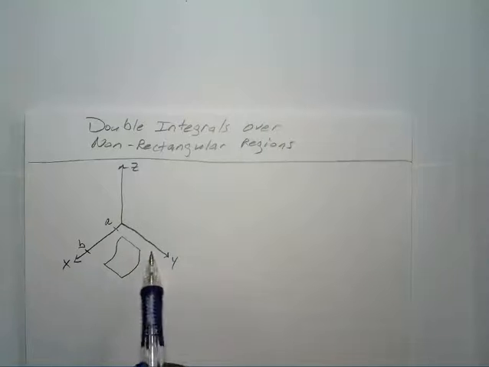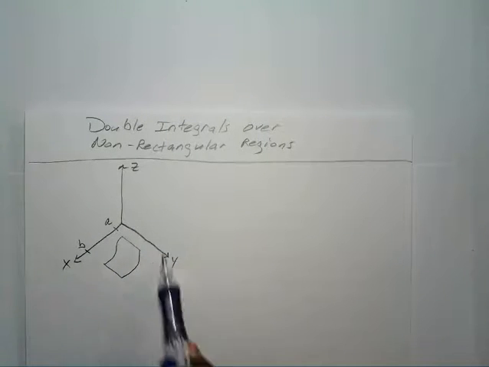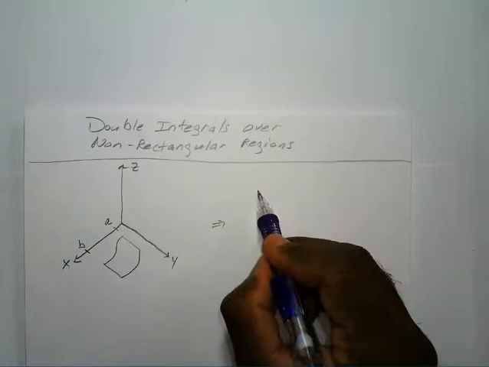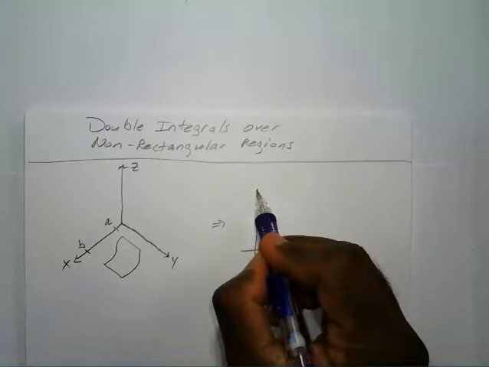Okay, now if we got rid of the three-dimensional plane and just looked at the XY plane, that shape would look kind of like this.